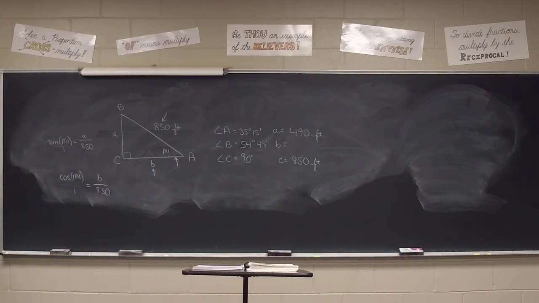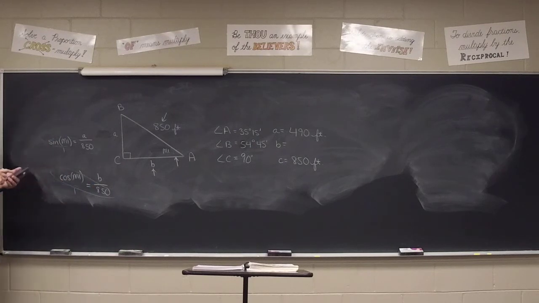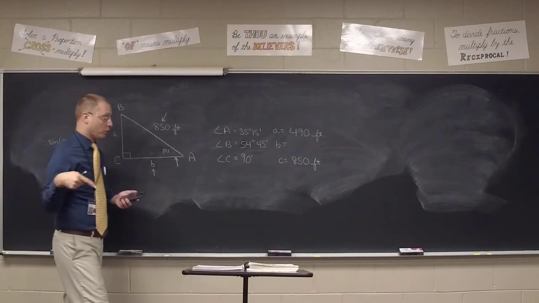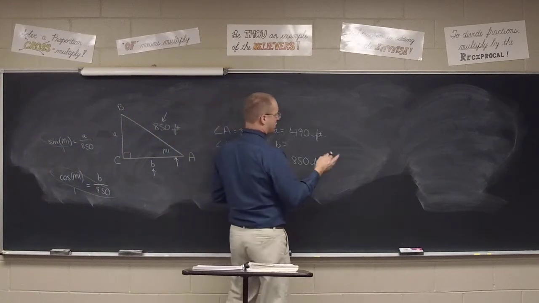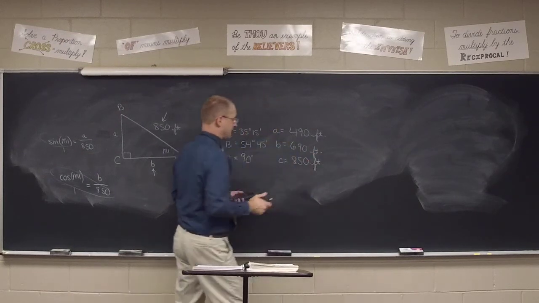Cosine of memory 1, or 35 degrees, 15 minutes, equals B over 850. Once again, to solve for B, class, I need to cross multiply. 694.15. 694 point. All right, rounded to 2 sig figs, 690 feet.